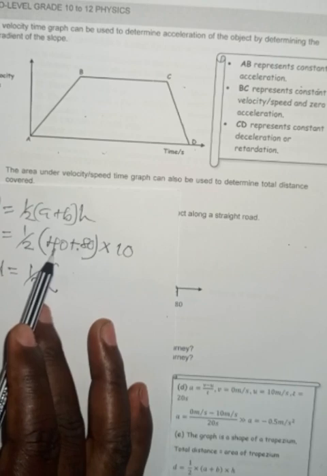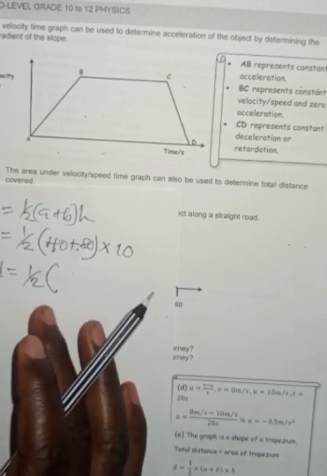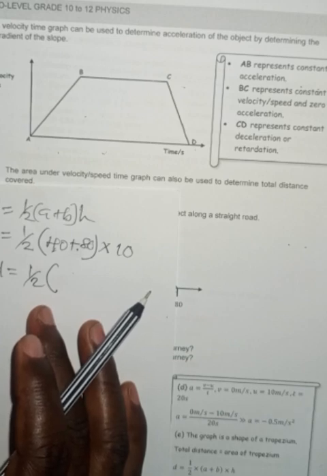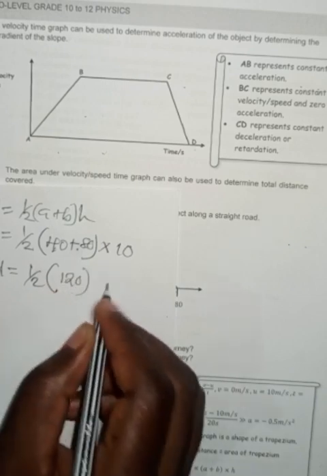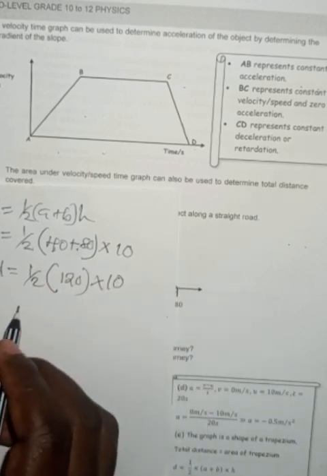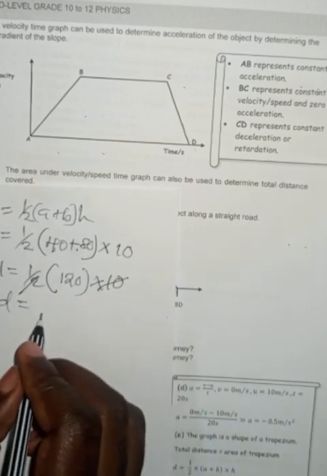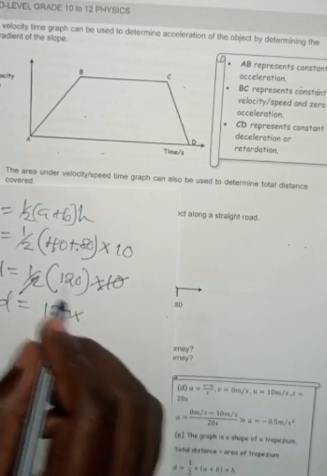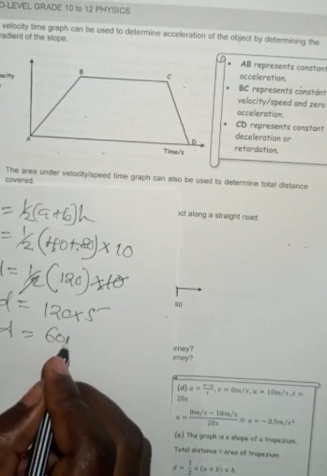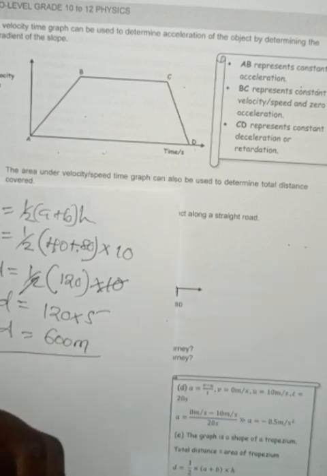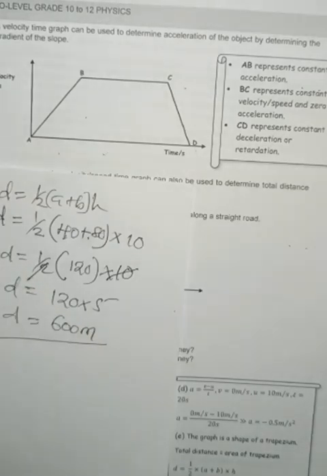All right, so 80 plus 40 is going to give you something like 120. 120 times 10 times half, and distance is going to give you 600 meters.